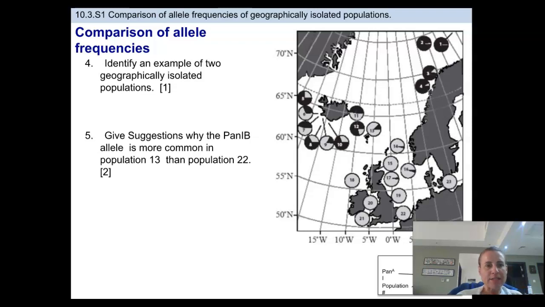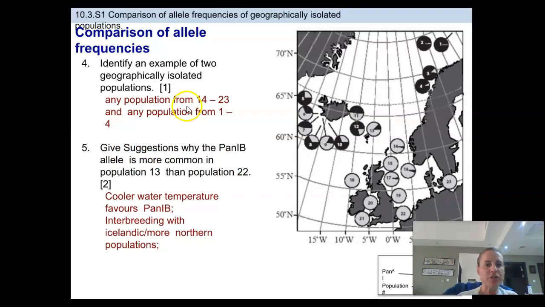Pause again for me, please, and try and identify an example of 2 geographically isolated populations, and then give suggestions why the pan-IB allele is more common in population 13, which is over here, than it is in population 22, which is over there. This is a suggest question, so give yourself a couple of minutes for that.